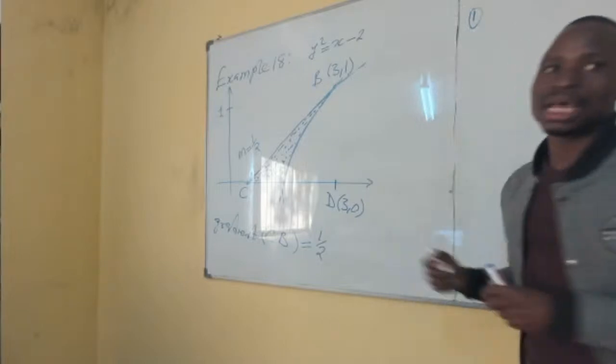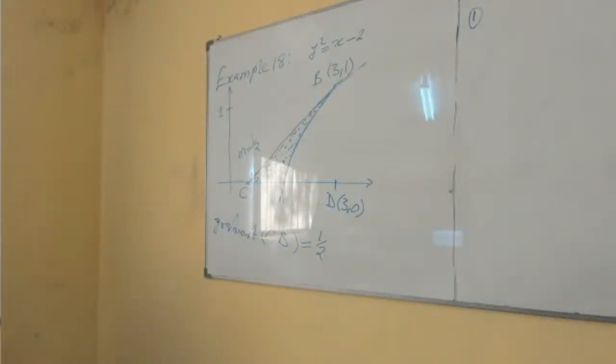Now, the first one is about the equation of CB.